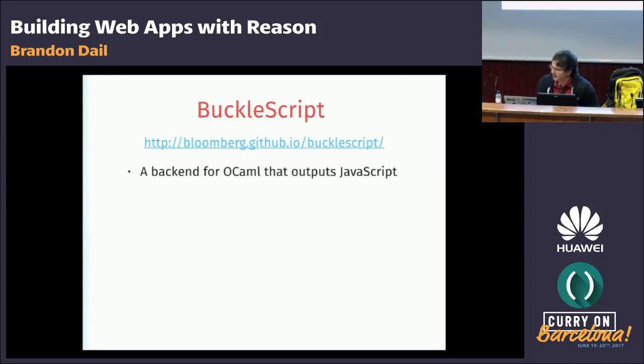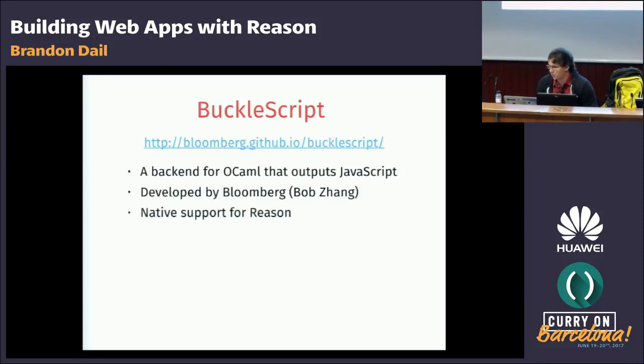BuckleScript is a backend for OCaml that outputs JavaScript. It's developed by Bloomberg, specifically one developer, Bob Zhang. It has native support for Reason, which is really great. That means you can use BuckleScript without configuring any additional support for Reason. It will recognize a Reason file and automatically compile it.